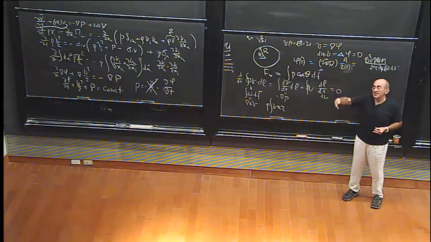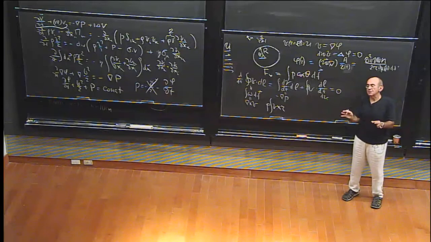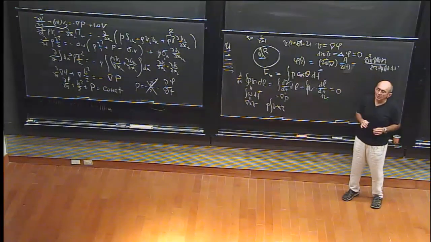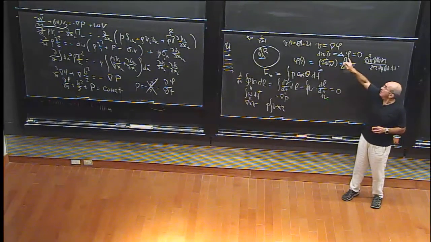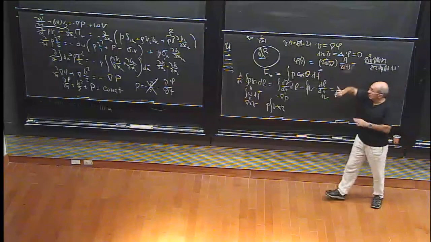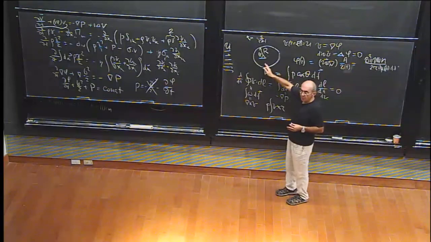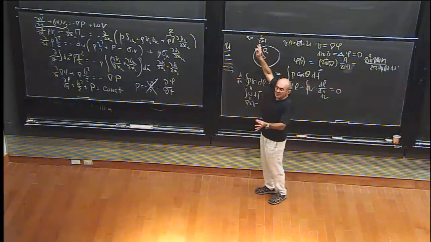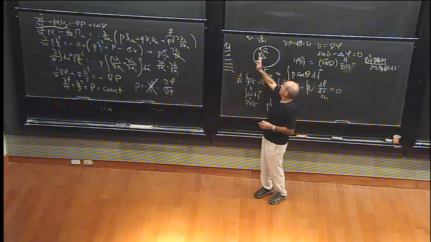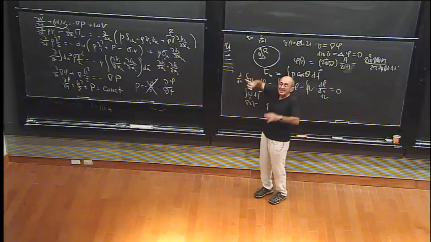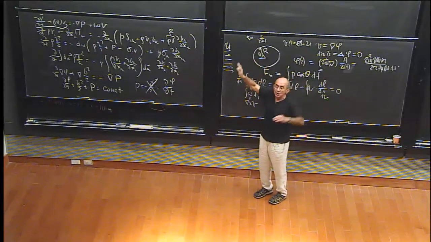In this case, I can really solve it instantaneously. Otherwise, of course, it's much more complicated. So this is a very special situation of ideal incompressible fluid, where the instantaneous position of my body instantaneously sets the velocity in the whole space. When I have this body moving, the velocity field in the whole space will be changing according to the new position.